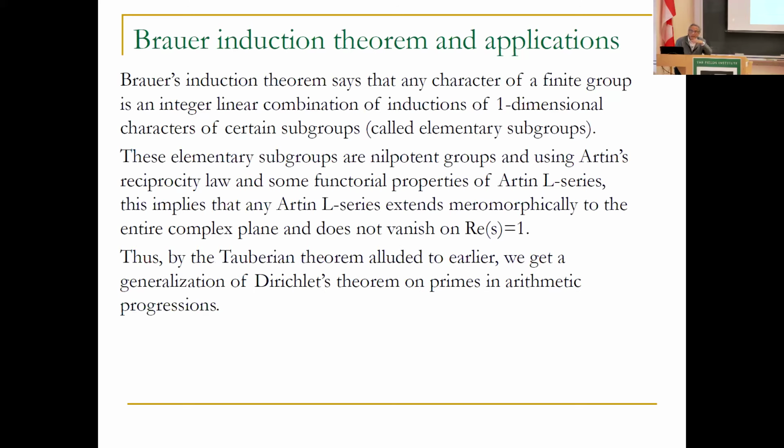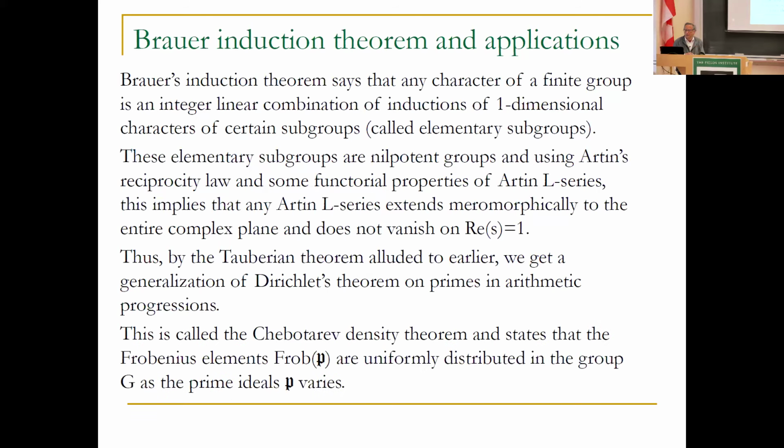Now, because the Hecke L functions have been studied and they've been shown to be entire, the Artin L series, being quotients of various Hecke L functions, are analytic up to real s equals 1. Therefore, you can apply the Tauberian machine to deduce the distribution of the Frobenius elements in these conjugacy classes, which would be a generalization of the Dirichlet theorem on primes in arithmetic progressions.